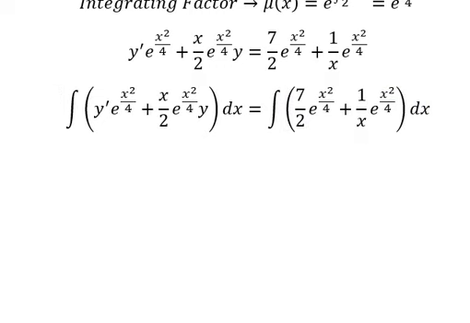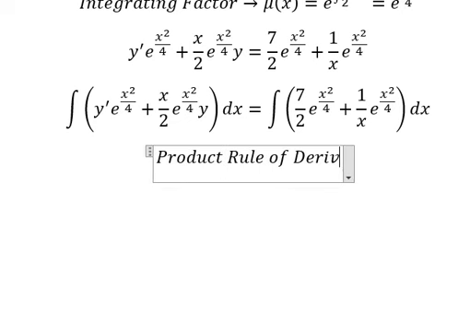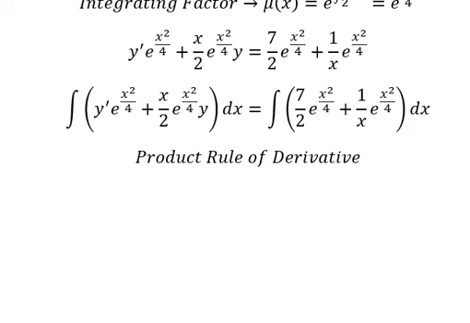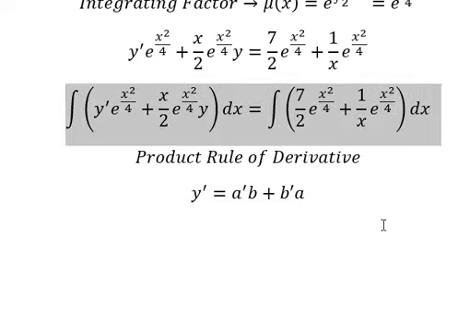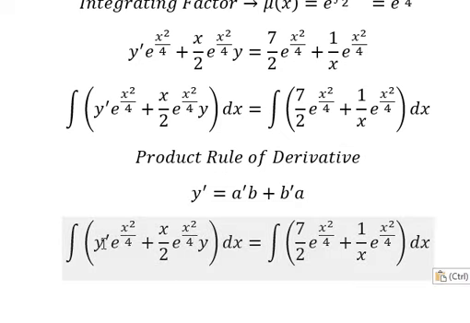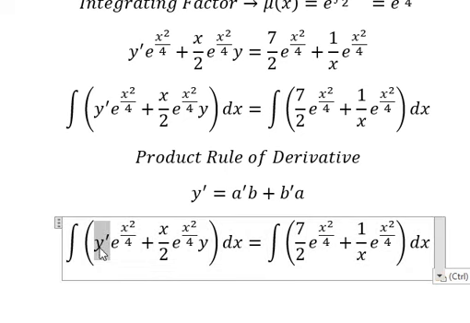So we can use the product rule of the derivative. So we have the first derivative of y equals the first derivative of a multiplied by b plus the first derivative of b multiplied by a. So in this one, we have the first derivative of a multiplied by b.